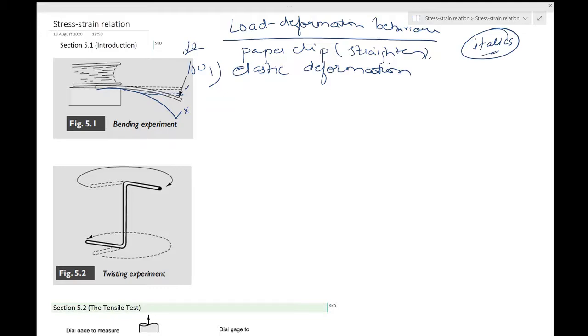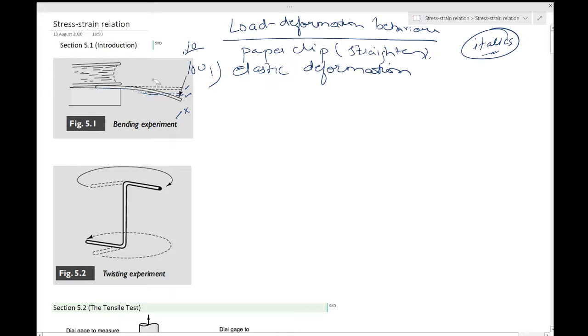That the deformation should disappear as the load is released, but clearly now the deformation has not disappeared. There is some deformation which is there even after the removal of load.